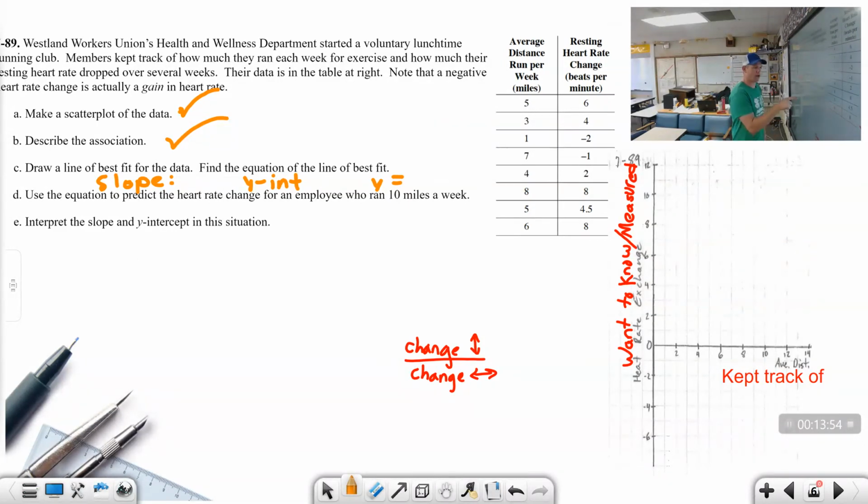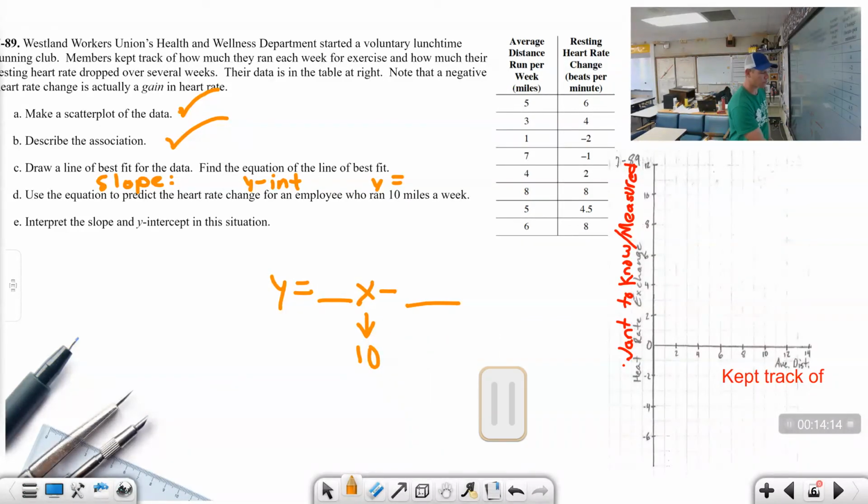Now, once you get the equation, predict the heart rate change for an employee who ran 10 miles. So if you are doing this, you're going to have y equals blank x. It's going to be a minus is your beginning value. Your beginning value is going to be down here somewhere, just so you know. Okay? And then you are going to plug in the value 10 to figure it out. So this is a problem just like the previous one.